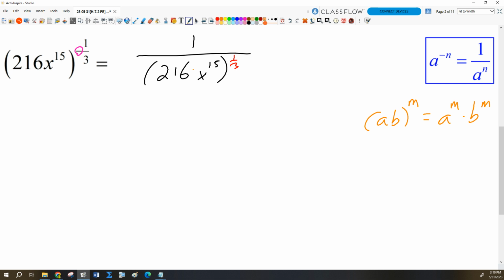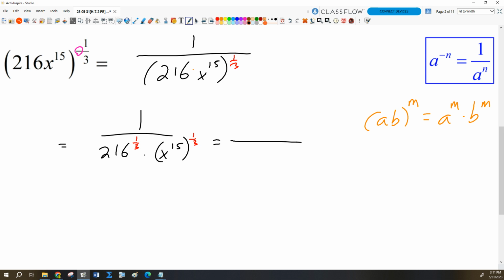So in this case, I'm getting 1 over 216 to the 1/3 times x to the 15th to the 1/3. Okay, well, what is 216 to the 1/3?